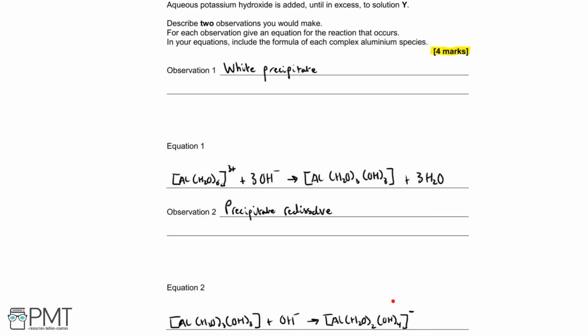And that is going to produce another water molecule, as the way this occurs is this hydroxide ion draws off one of the protons on the remaining water ligands. So those are our 4 marks. First, a white precipitate is formed as the complex ion is neutralized, and then it redissolves as it reacts even further, forming a negative ion instead of the original positive hexaaqua ion.